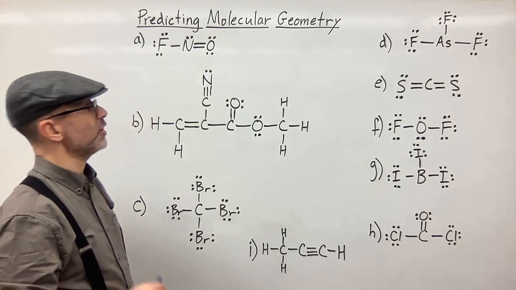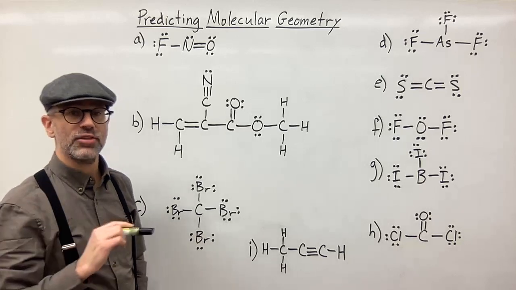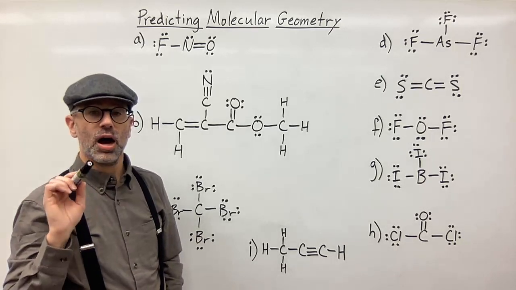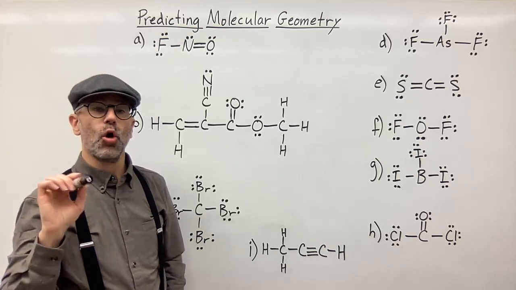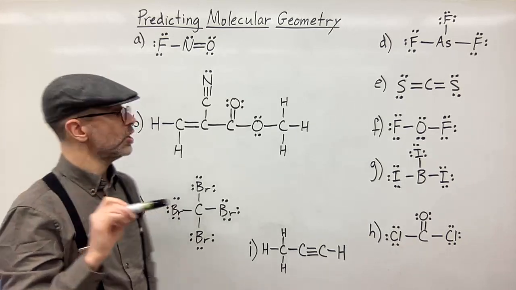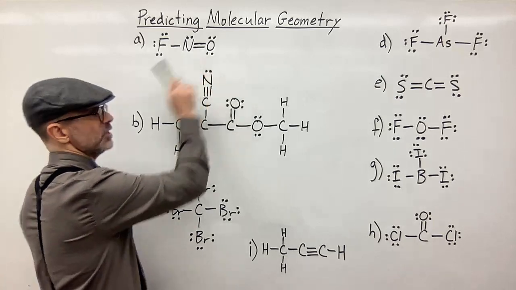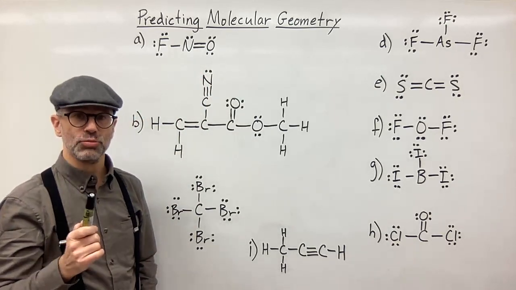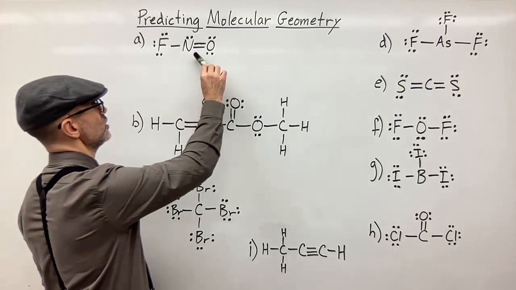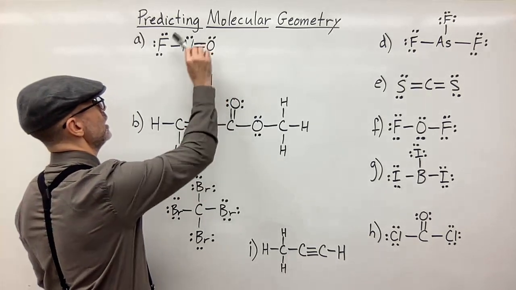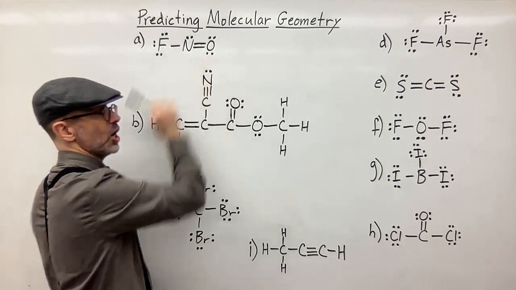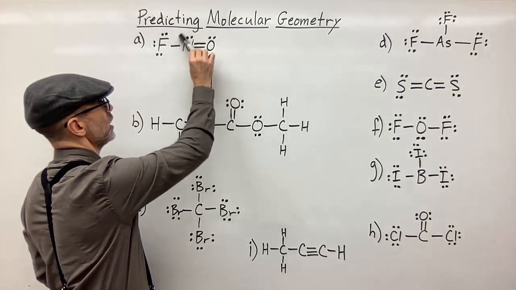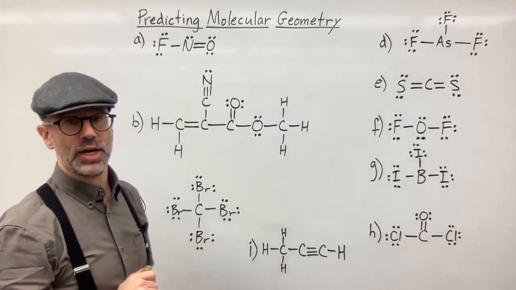The other thing to keep in mind is that double, single, and triple bonds are all treated equally. They're only considered as one group. So here I have a double bond that is not two groups. That's one group of electrons. This single bond is another group of electrons, and this lone pair here is another group of electrons.